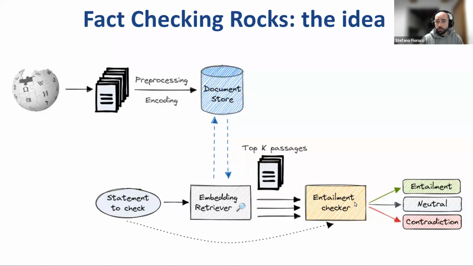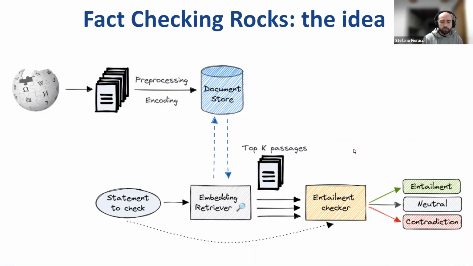Then these entailment scores are aggregated, and so a summary score is produced, and we can understand if there is entailment, neutral, or contradiction between the user statement and the relevant passages.